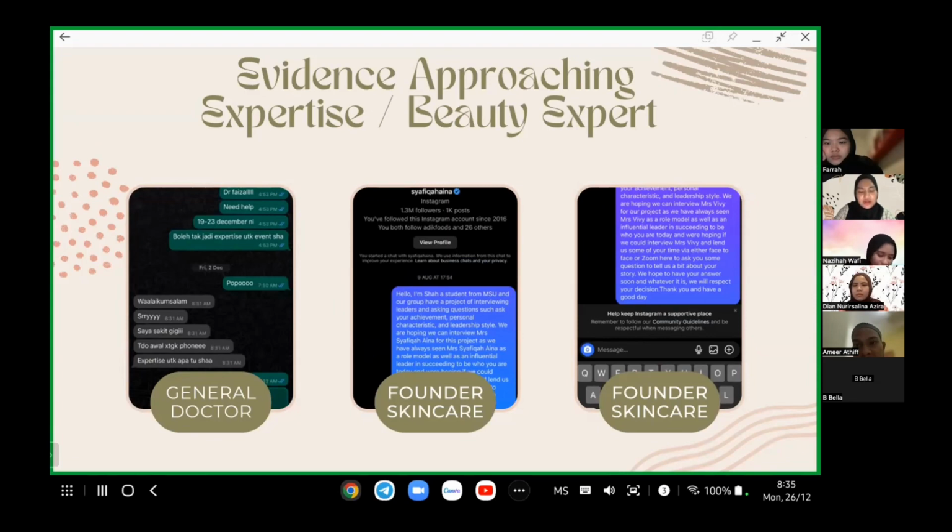Next is one of the skincare founders, Shafika Aina, the owner and founder of Aina Beauty. She also didn't give feedback to us. And the next is Vivi Yusof, also a skincare founder.